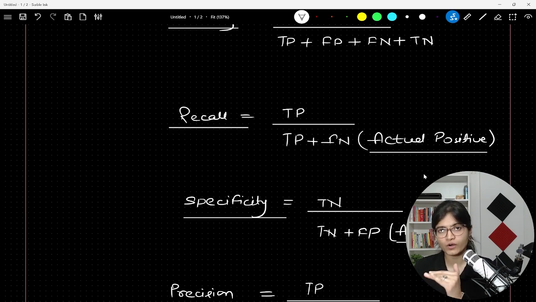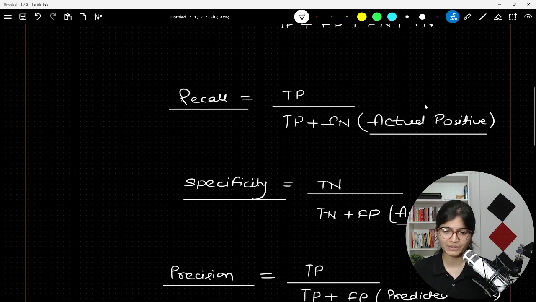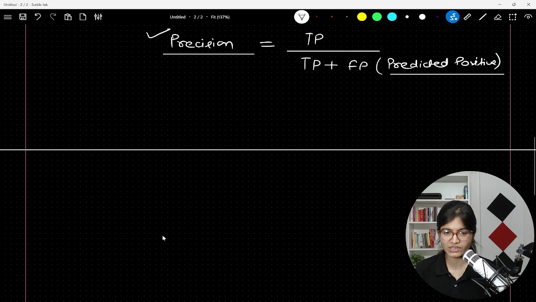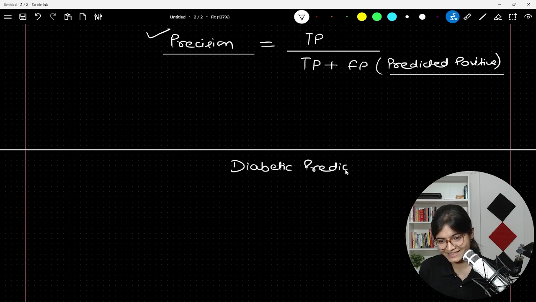So all these are the different evaluation metrics that we have, and depending upon different circumstances and use cases, we prefer to go for different types of metrics. Let me give you one simple example. This is again one of the most important interview questions. People can ask you, out of precision and recall, let's say we are talking about a use case of diabetes prediction, or any healthcare use case.